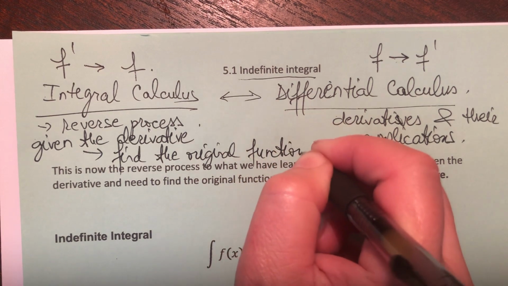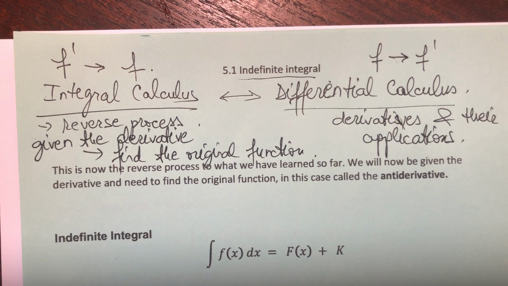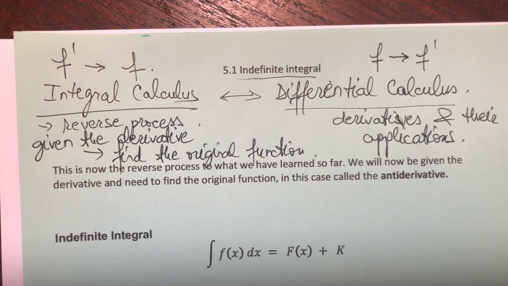Now, it turns out that this has its own set of really good, important applications, right? So that's what we are going to learn in this chapter 5. How do we use this and what sort of applications does it have? But again, remember, the important thing is that we will start with the derivative.